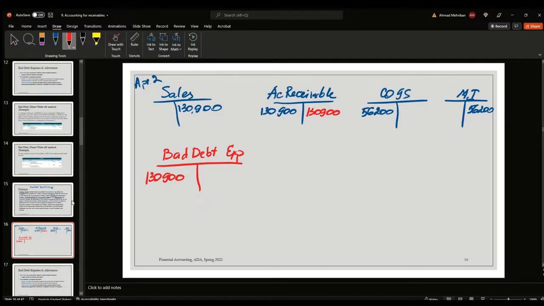So this is the very simple direct write-off method. This is how we do it when the company is using the direct write-off method.